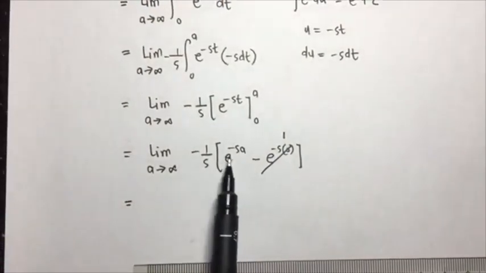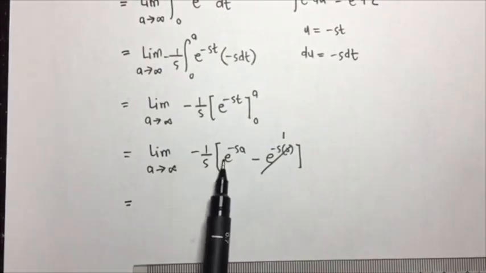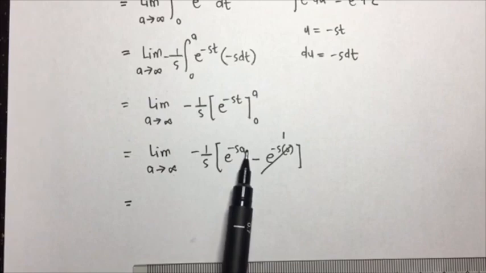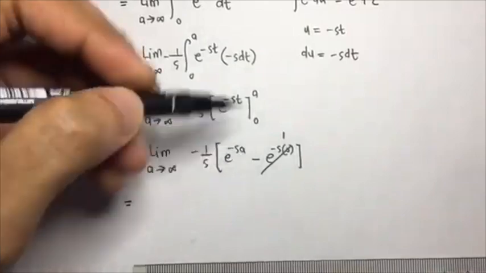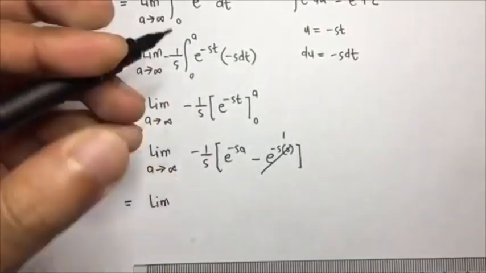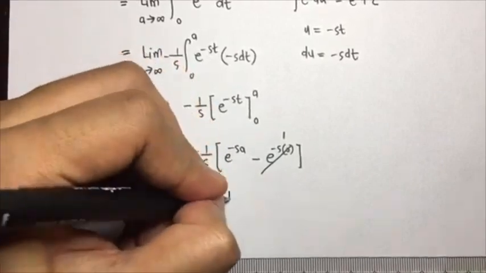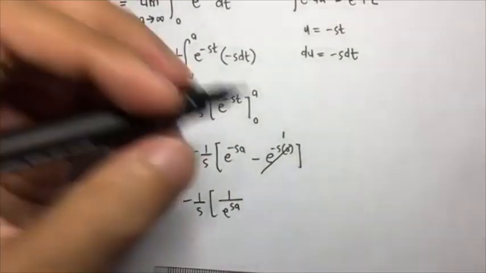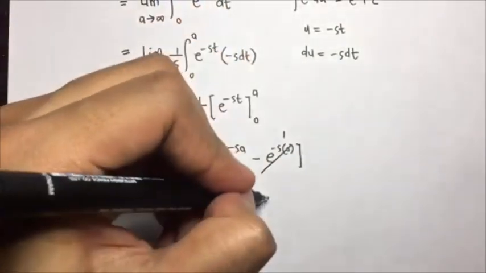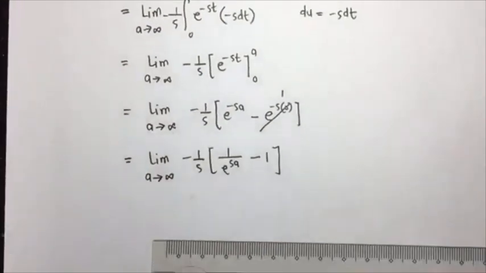However, on the other one, we have the limit of e raised to negative sa as a approaches infinity. It becomes e raised to negative infinity, or 1 over e raised to infinity. So we can rewrite this as the limit of negative 1 over s times 1 over e raised to sa, minus 1, as a approaches infinity.